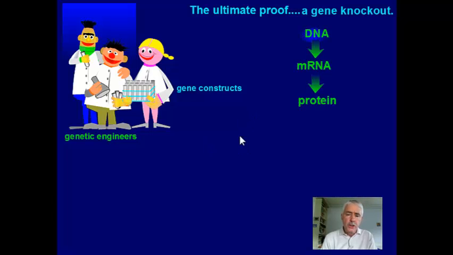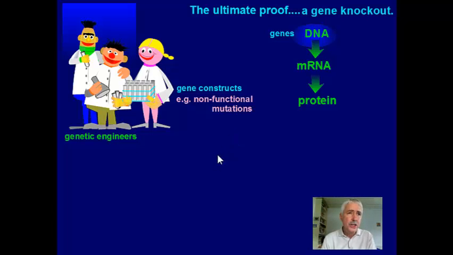Now, as you know, genes are found in your DNA, and the DNA is then transcribed to messenger RNA, and then you get translation to protein. What these genetic engineers can do is make non-functional genes by having the genes in vitro and then treating them in certain ways, usually with various enzymes, and introduce mutations in these genes so that they're coding for a non-functional protein.